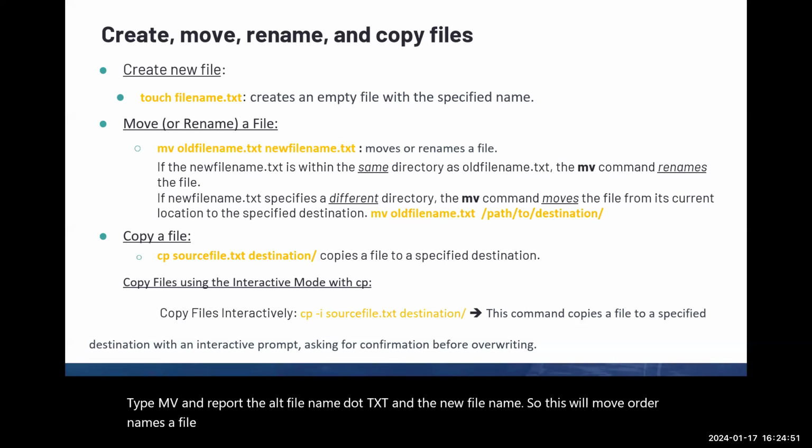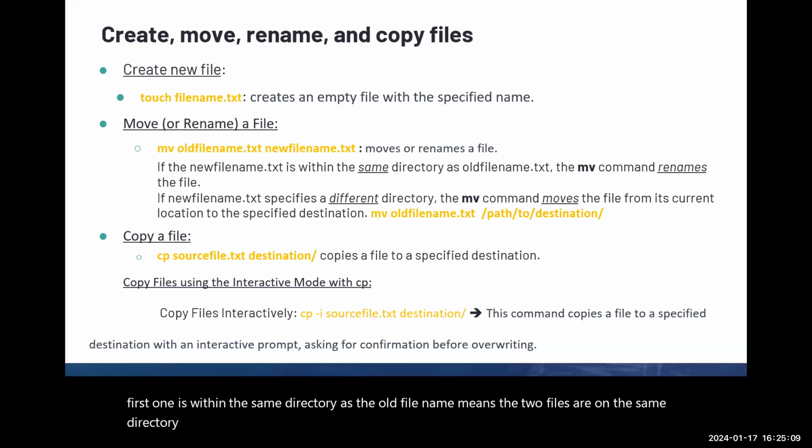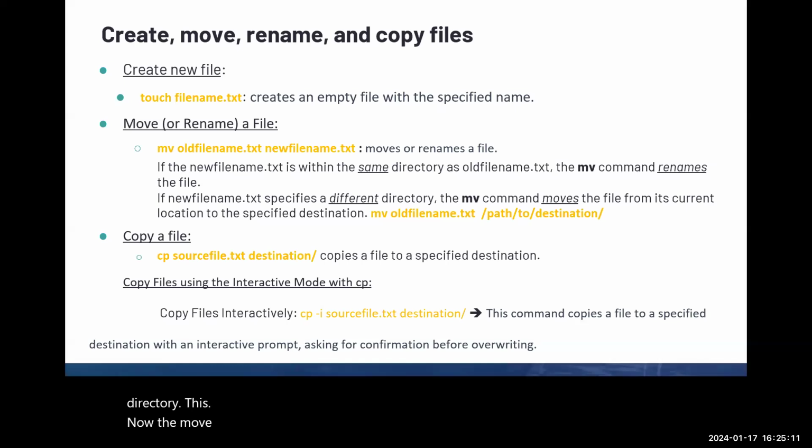Here we have two cases. It will rename if the new file name is within the same directory as the old file name, meaning the two files are in the same directory. Then the move command will rename the file.